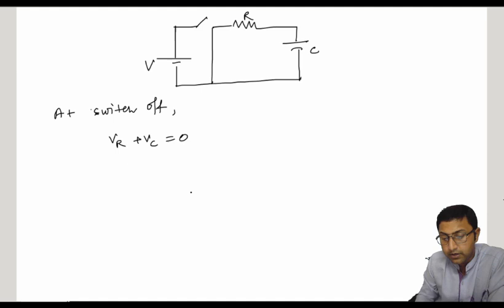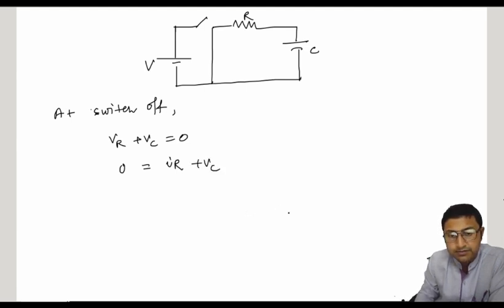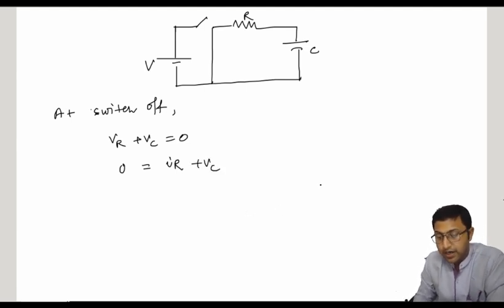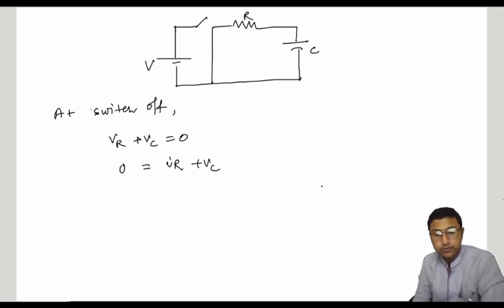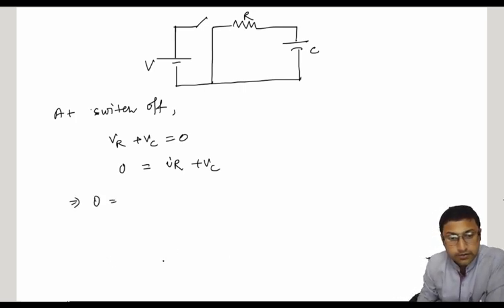So 0 equal to VR, which means I into R, plus VC. I equal to dq dt, so we can write 0 equal to dq dt into R plus Vc.